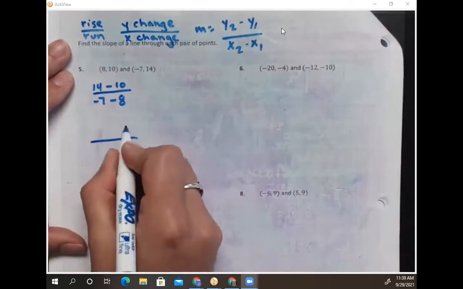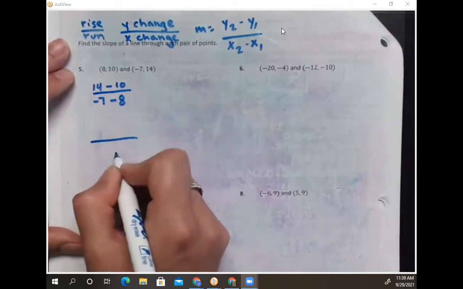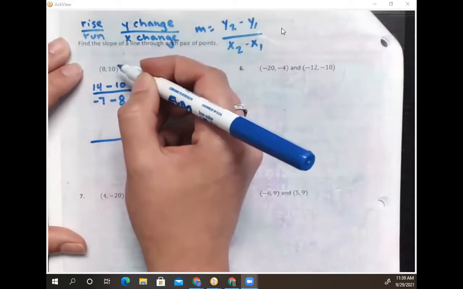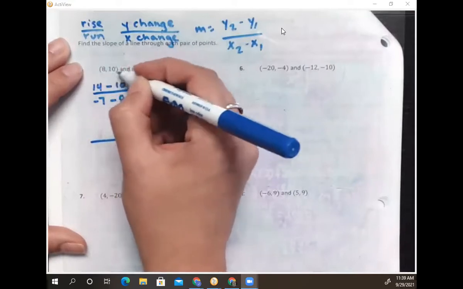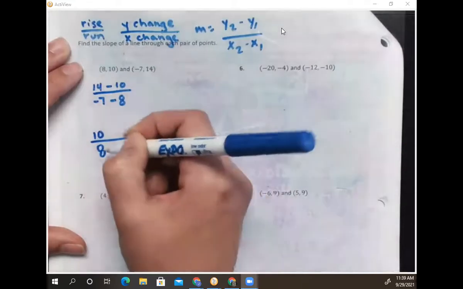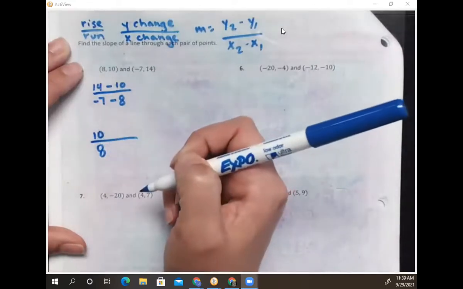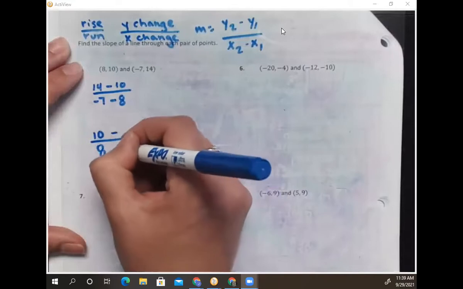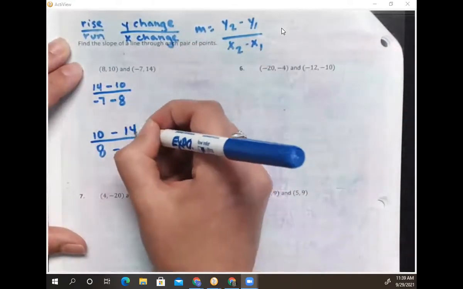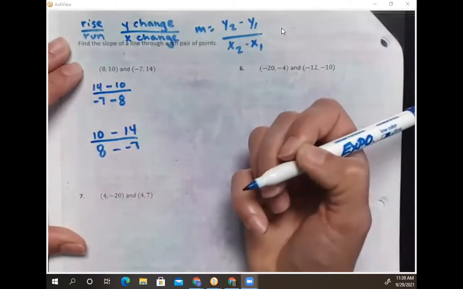So I know I'm going to have y's on top and x's on bottom. Okay. And I know that numbers from the same point need to line up. So here's a point, y on top, x on bottom. I've got the numbers from the same point lined up. Subtract, and then I do the same thing with my second point, y on top, x on bottom.